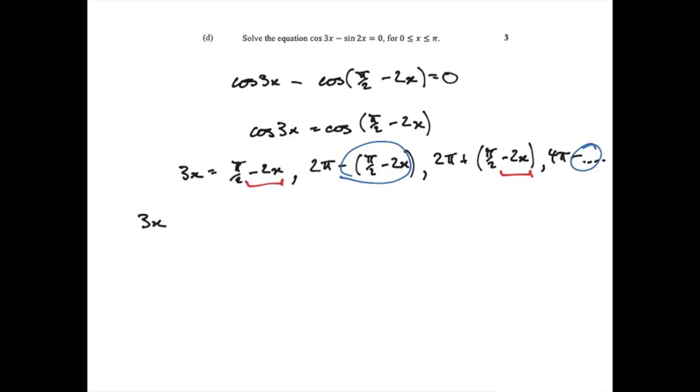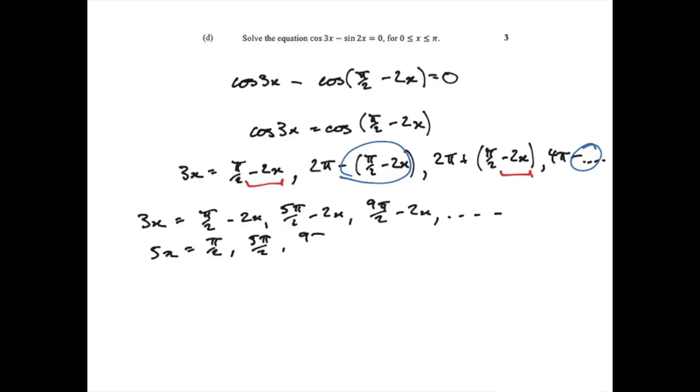So I'm going to have 3x equals pi on 2 minus 2x, 5 pi on 2 minus 2x, 9 pi on 2 minus 2x, and so on. And then I'm going to add 2x to everything, and then divide everything by 5.